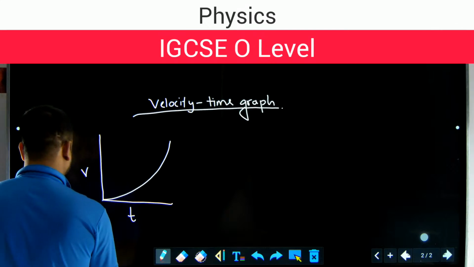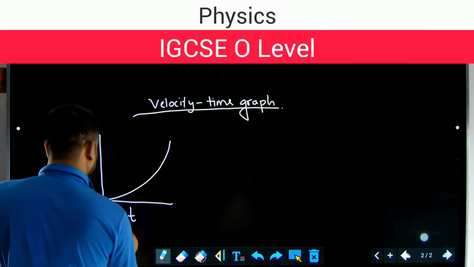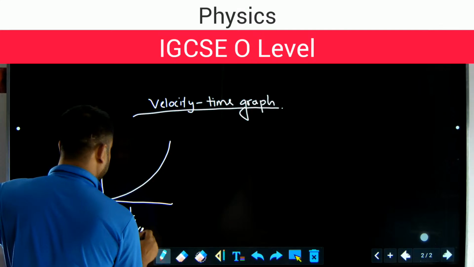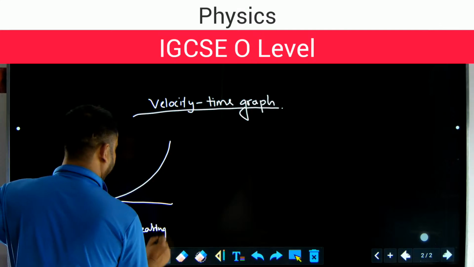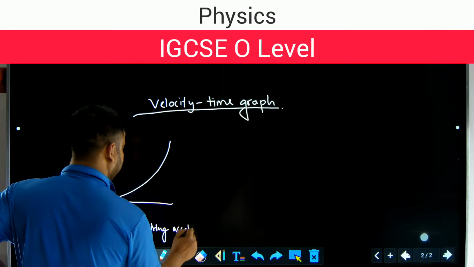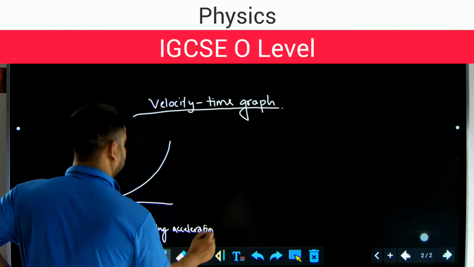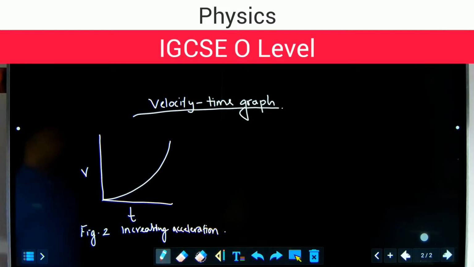Figure 2, increasing acceleration, because the gradient of the velocity time graph increases with time.